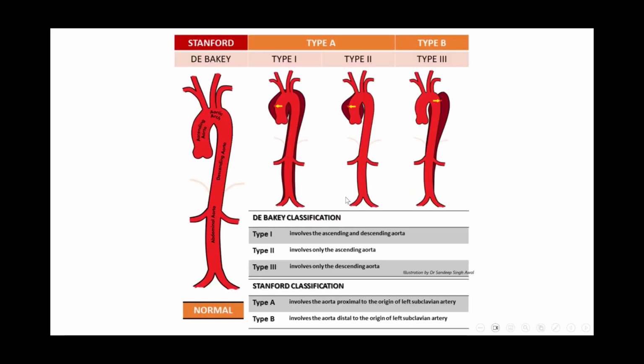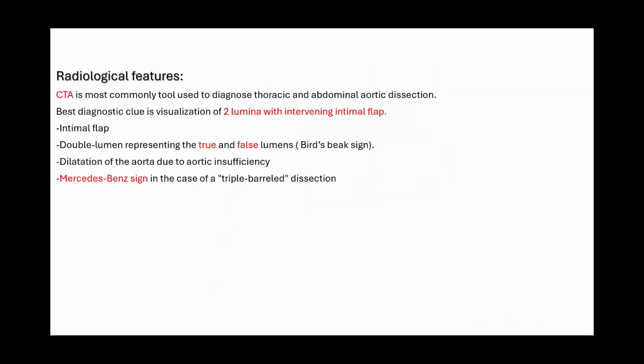So this is the DeBakey classification. We have three types. Type 1, once it is involving the ascending and descending. Type 2, once it's involving the ascending. And type 3 once it is involving the descending. So diagnostic features of aortic dissection, there is an intimal flap, and it is representing linear hypodensity that divides the aorta into two parts, false and true lumen.